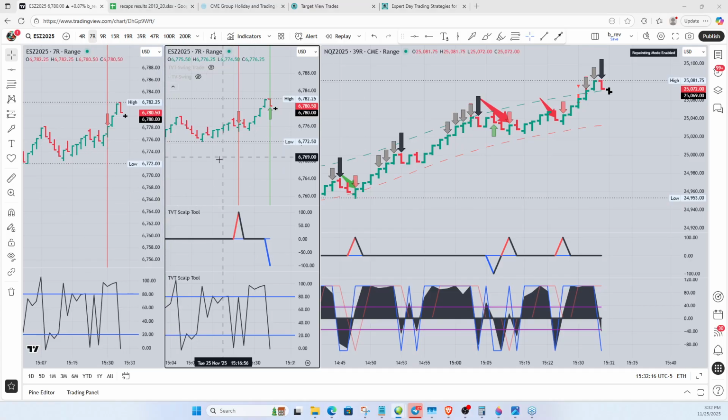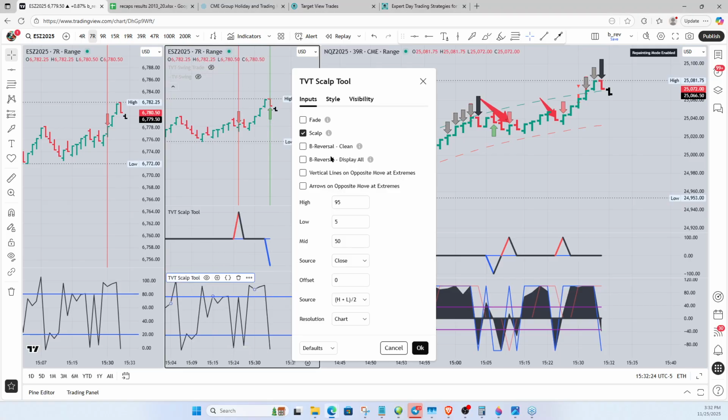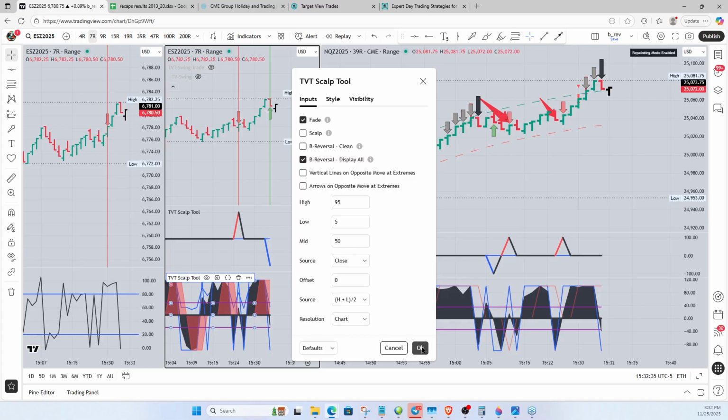And the other one, you can change it to be the B rev display all, like that. Okay, that's how I did it individually. Now this is the fade right here. That was the fade is what I had on it anyway. I know the B rev gave us a trade there. It did give us a trade.